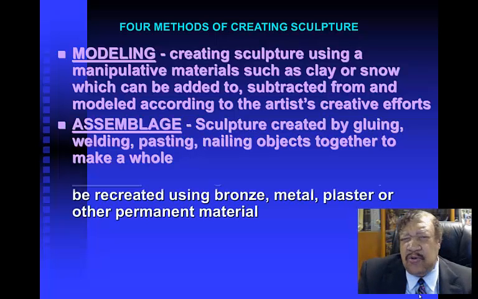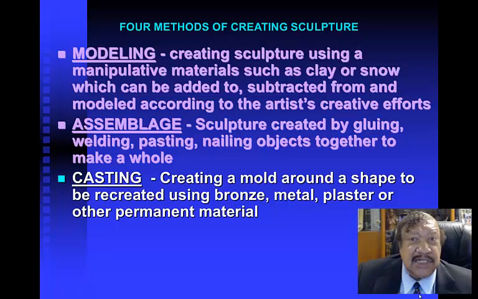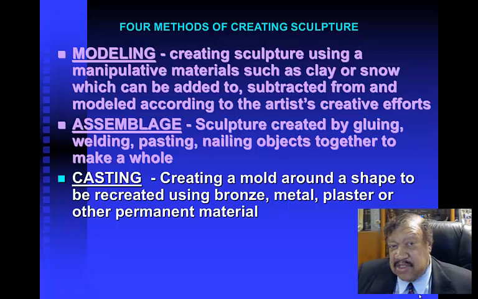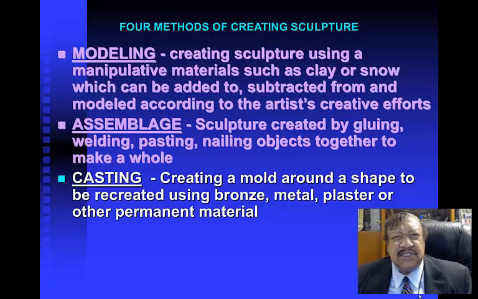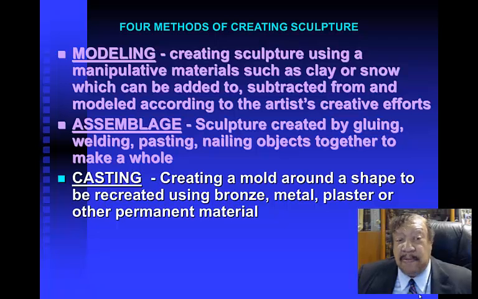Then the third way of creating sculpture, which we're going to see momentarily, is what we call casting. We create a mold, either in wax or in clay or in some material that's manipulative. But then what we have in mind is to make it into bronze or metal or plaster or permanent material.